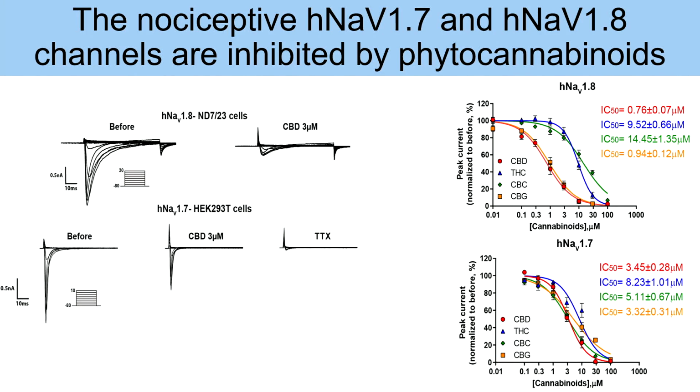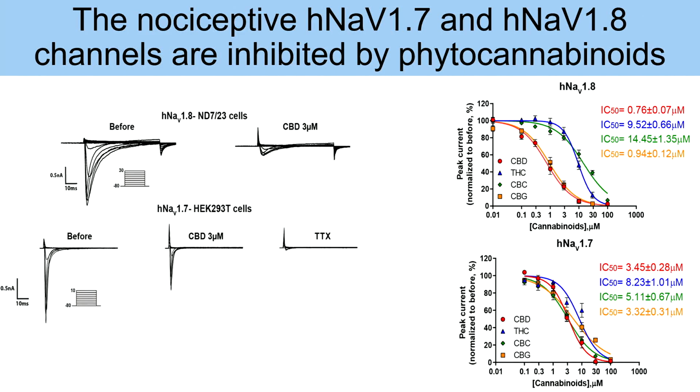When we move to NaV1.7, we see a totally different picture, and this picture is also different from the TTX-sensitive neurons. First, we see a full block of the currents at a much higher concentration than what we see for CBD in NaV1.8. However, we still see a complete abolition of the current.